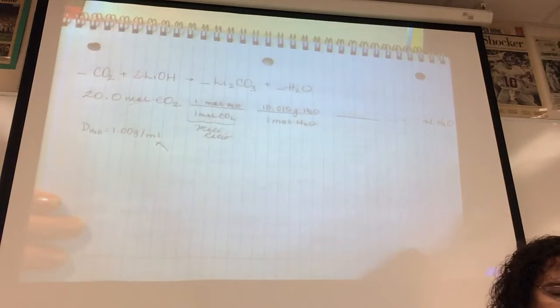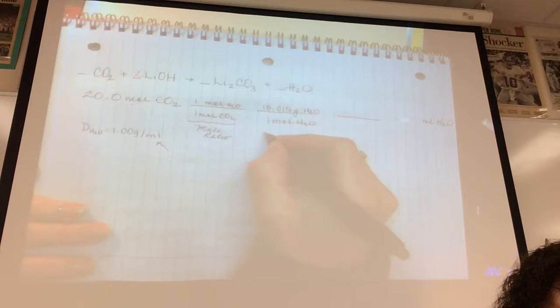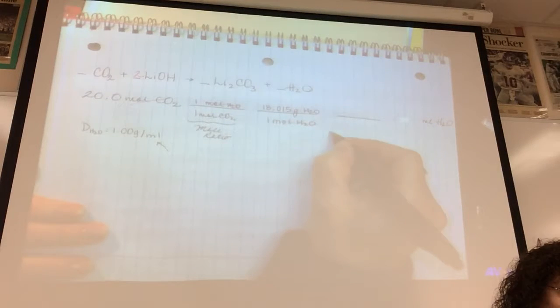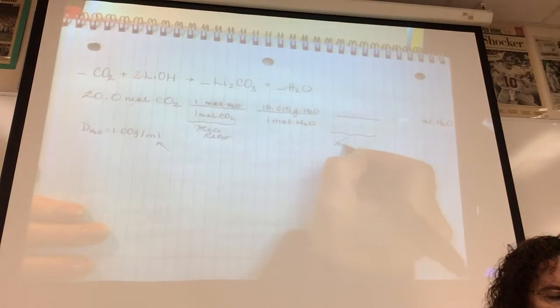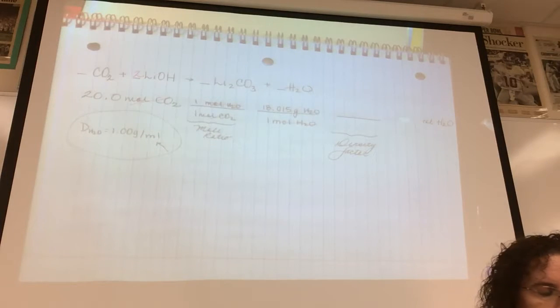Here's the new piece of the puzzle. Here's where we're going to use the density factor. We know the density of water is 1 gram per mil.